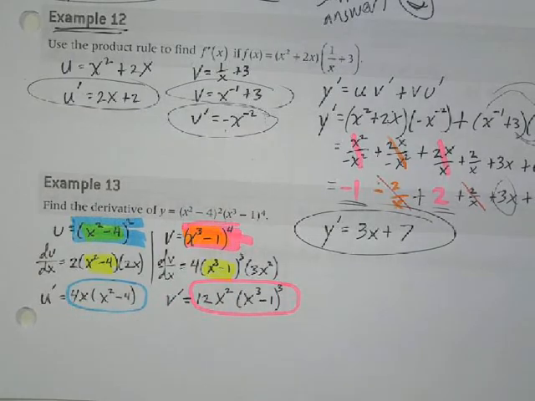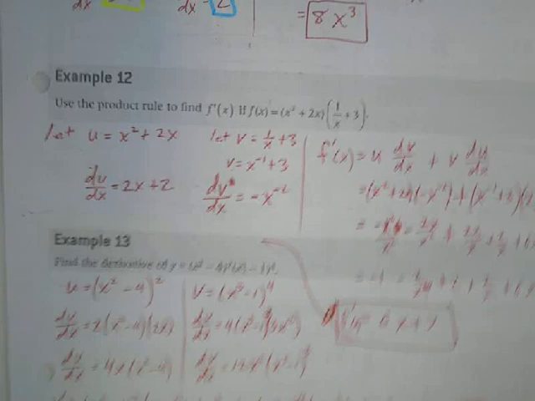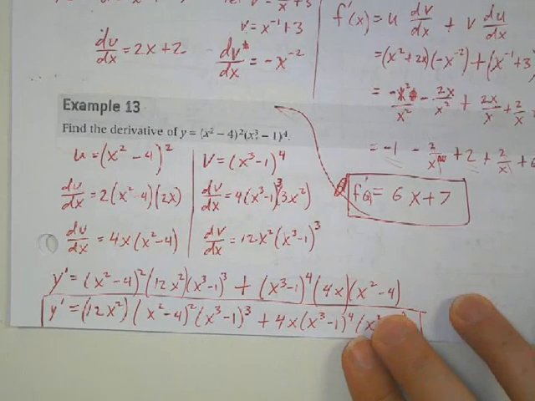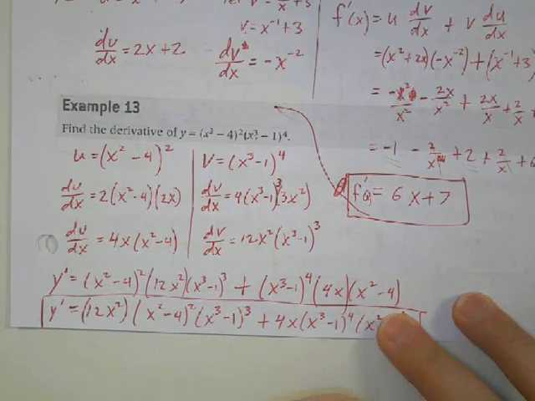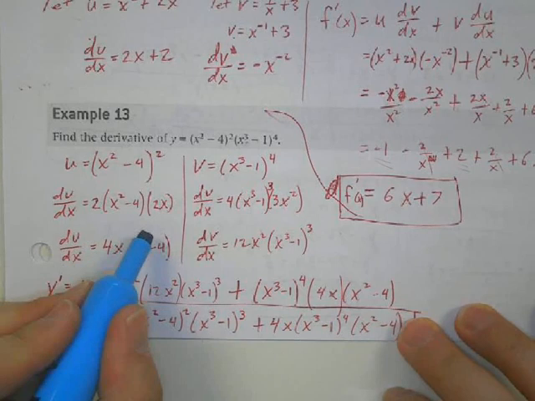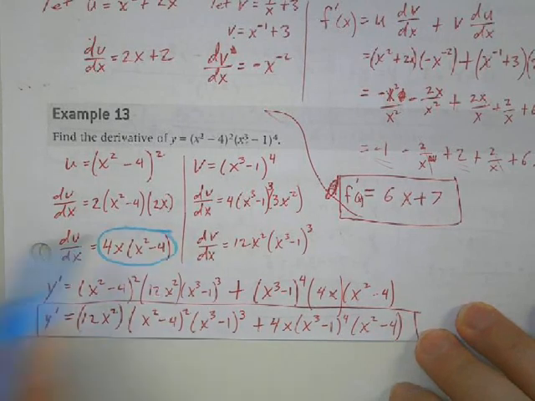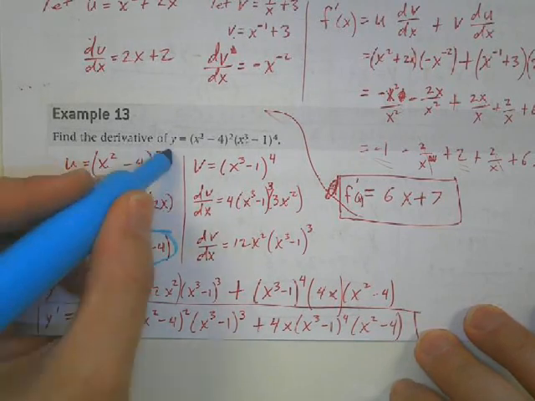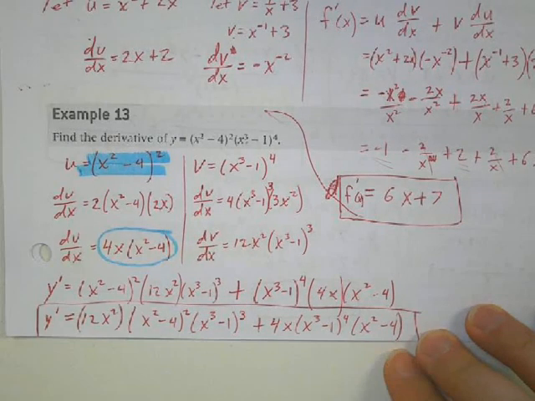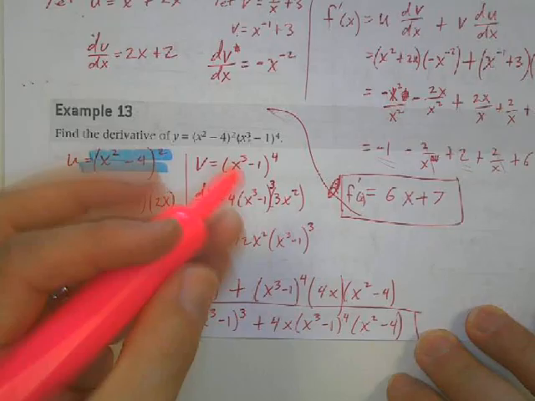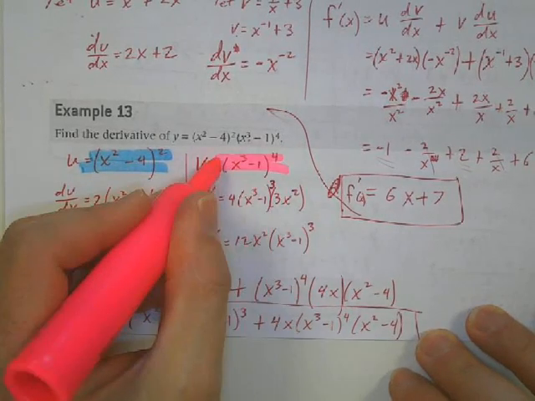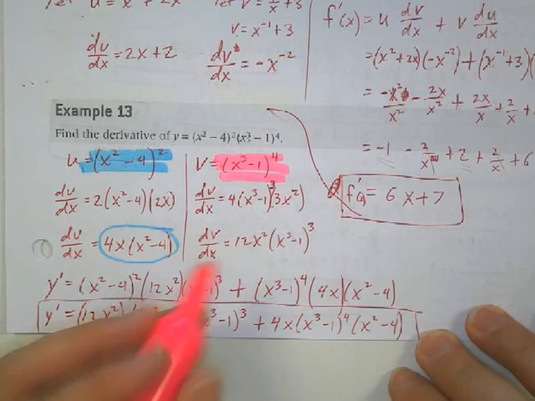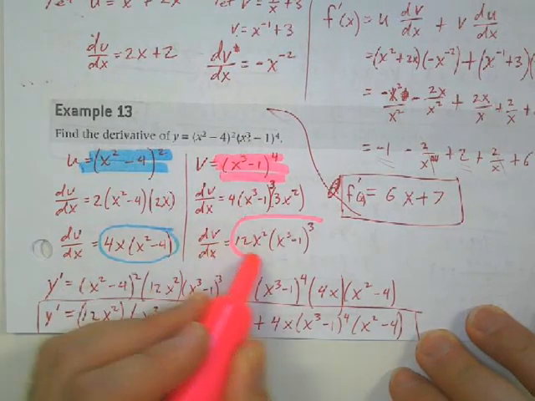Okay, so what we've got here is, this is u prime, this is u. This is v, and this is v prime.